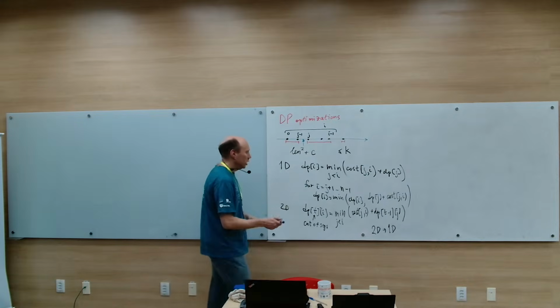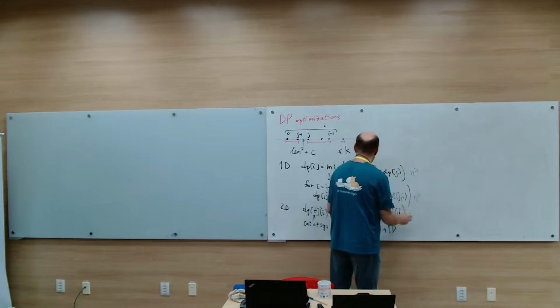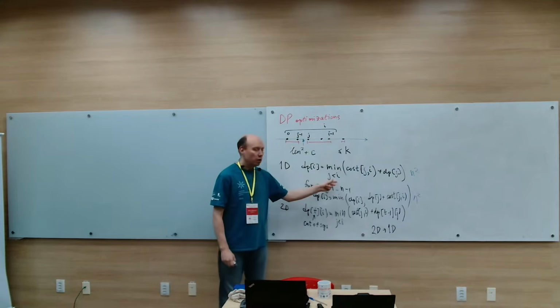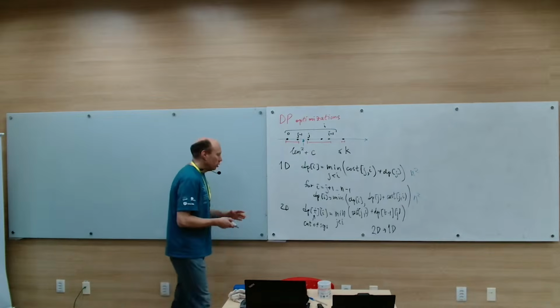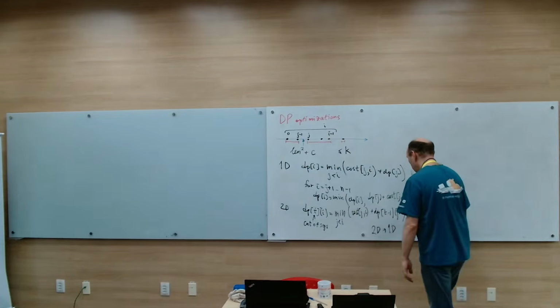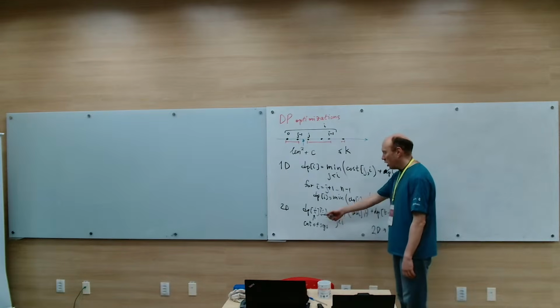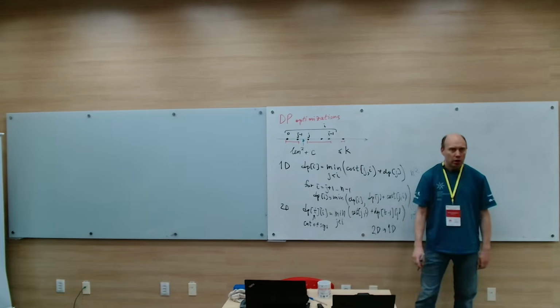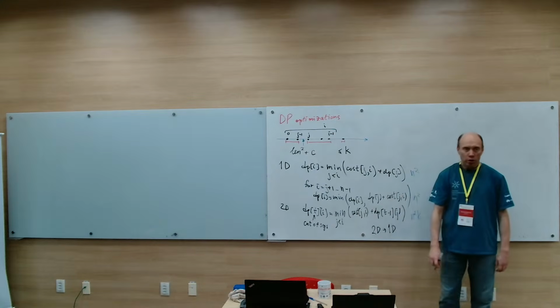In the one-dimensional case, it's clearly n squared. You have n values and n steps to calculate each value. And in the two-dimensional case, it's n squared times k, because now you have k times n values, and n options for each value.